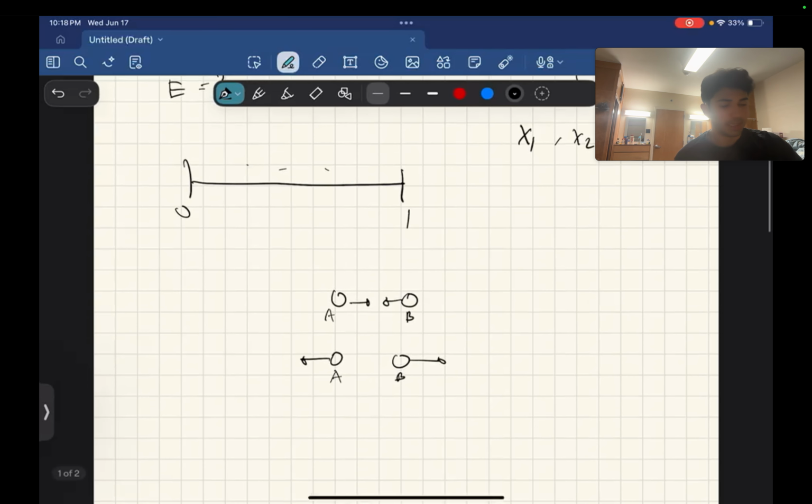But since they carry the exact same properties, the titles A and B are fully arbitrary. You can just change the titles whenever you want. It's not like A is unique in this way and B is unique in that way. They all have the exact same features.